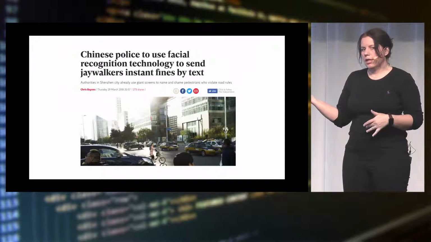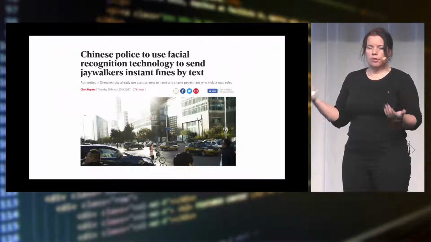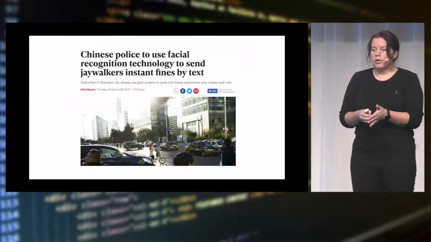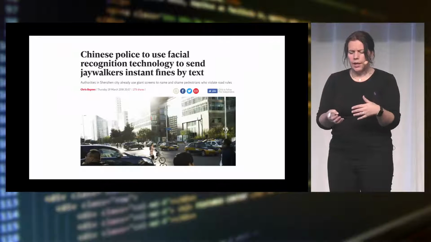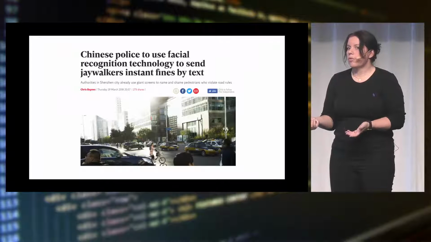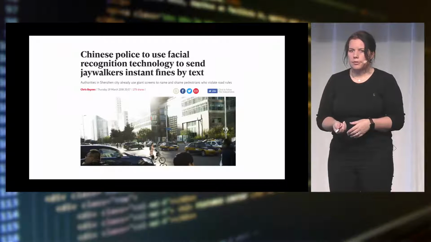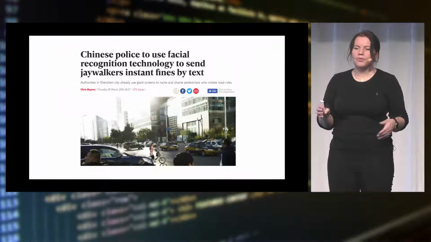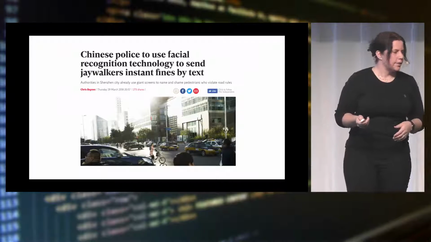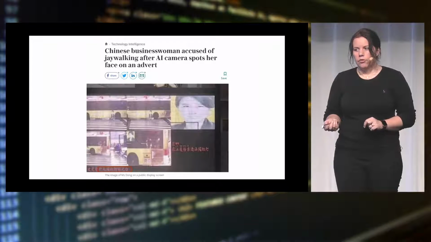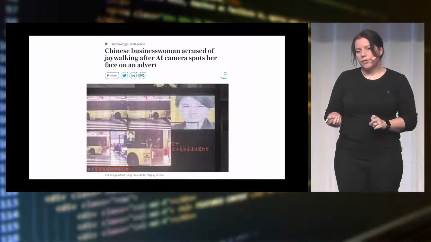This is China, where they use face detection along with looking at the zebra crossing to figure out if someone is jaywalking or not, and then automatically sending them fines. Which, I mean, sounds a little bit dubious, but it seemed to work until this happened. So this woman who was on the bus was getting a whole lot of fines.